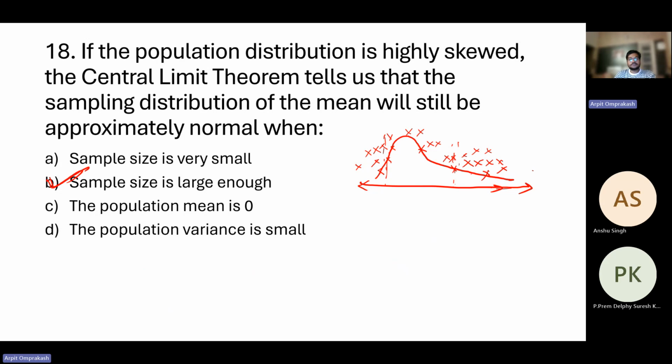So you get all these different points and you then take the mean of it. So that will give you a more stable approximation of the mean, and it will be closer to the mean of the actual distribution. So if the sample size that you are choosing is large enough, you will get an approximately normal distribution of the sampling means. Right.